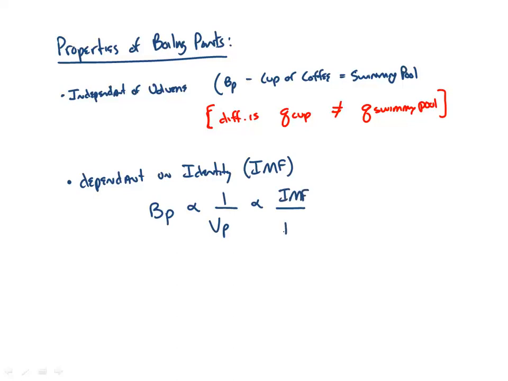So notice vapor pressure is on the bottom. If we have low vapor pressure, we have a high boiling point. And if I had low vapor pressure, that meant I had strong intermolecular forces. So that means that boiling point and intermolecular forces are directly proportional to each other. The higher the boiling point, the stronger the intermolecular forces in it.